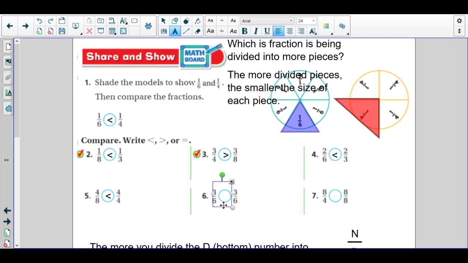3/6 and 3/6. Well, if they're the same, they're equal. And right here, which one is being divided into more pieces? 8. All right, the 8 right here. So that means that the 4 is going to be more than the 8.